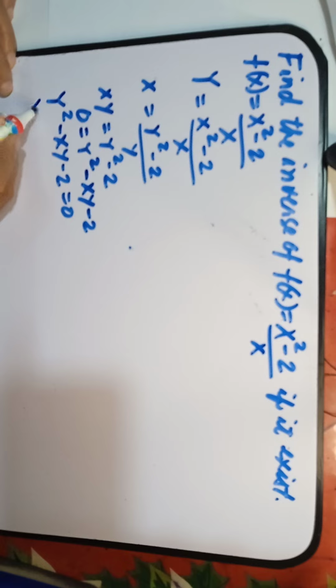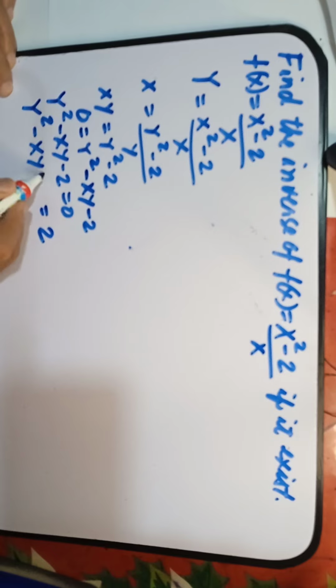We have y square minus xy equals 2. So you add a term here that will make this a perfect square. And the same term also will be added to the other side. So our b here is negative x.